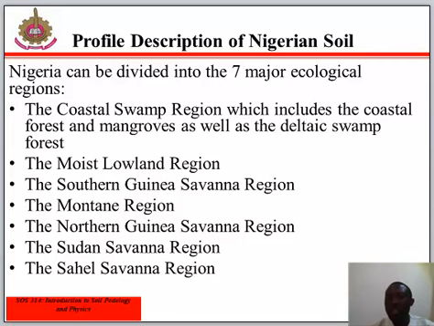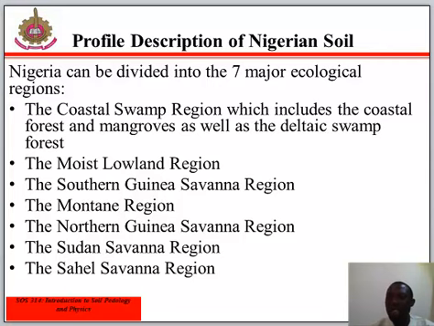The coastal swamp region includes creeks, lagoons, the Niger Delta, and the coastal plain. The mean altitude of the creeks and lagoons area is about 40 meters above sea level, while along the coastal plain the elevation is about 160 meters above sea level.